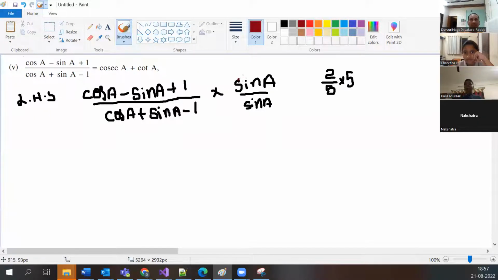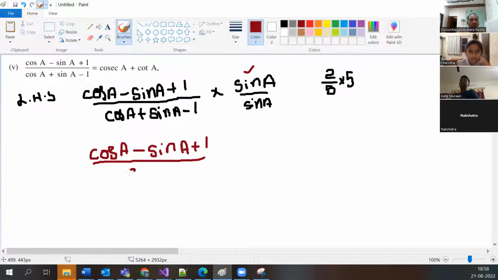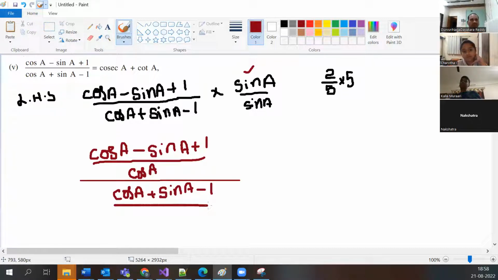So what I will do here, I will give this sin A to this denominator and sin A to this denominator. That means I'm just going to rearrange: cos A minus sin A plus 1 by sin A, divided by cos A plus sin A minus 1 divided by sin A. Is it correct?